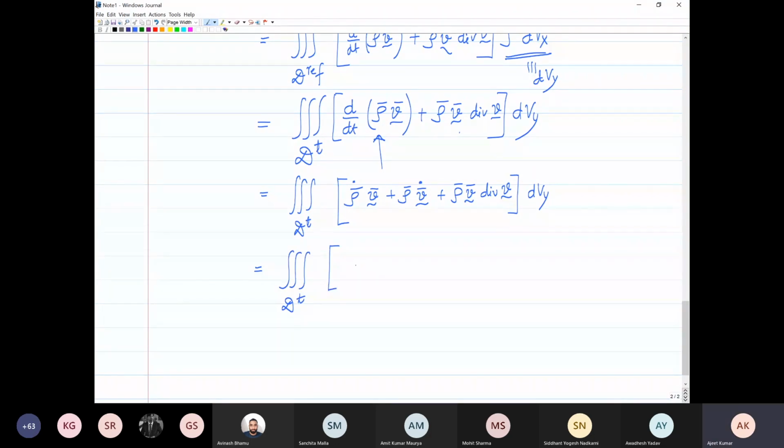Nobody's asking me questions, so I hope you guys are following me. You can also write it as rho bar dot plus rho divergence of velocity, multiplied with velocity, plus rho v dot, times dVy.